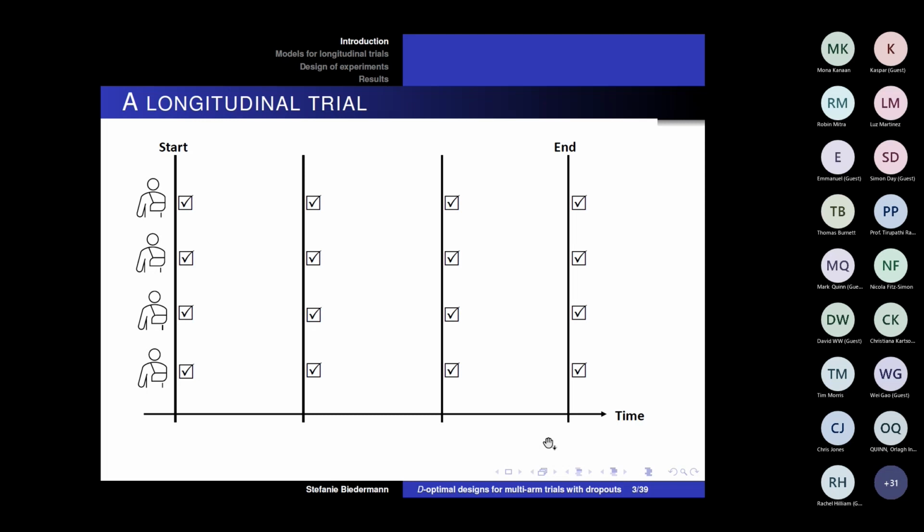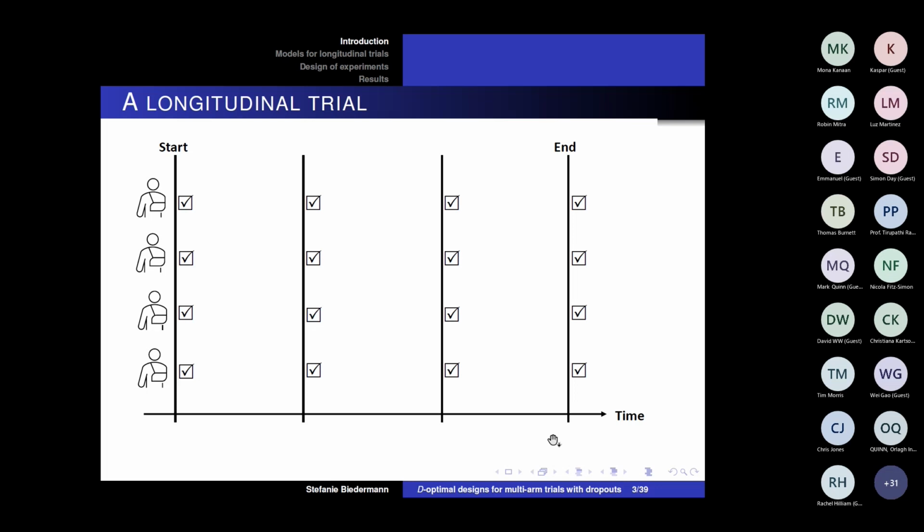Okay, so let's start with what is a longitudinal trial, or what does it typically look like? Here at the start we have patients. Usually they have something measured at baseline, then several interim responses, and then a response at the end.